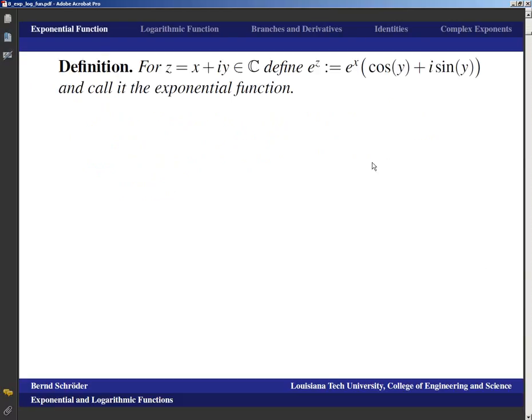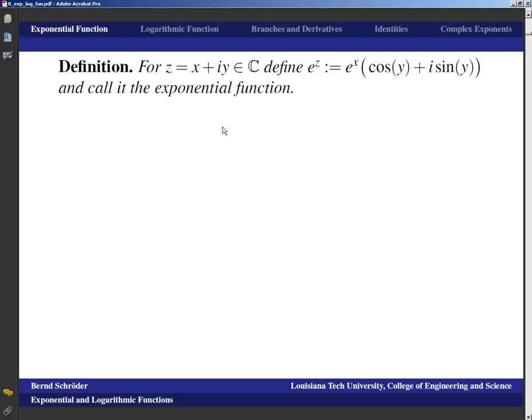Okay, so for a complex number z equals x plus iy, we define e to the z to be e to the x times quantity cosine y plus i sine y, and we call it the exponential function. That is exactly the polar form of a complex number.